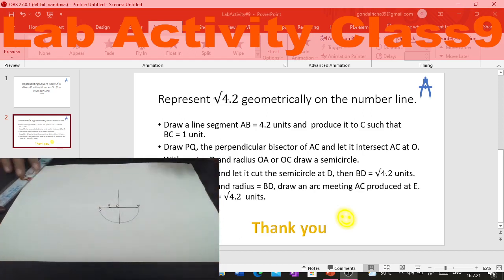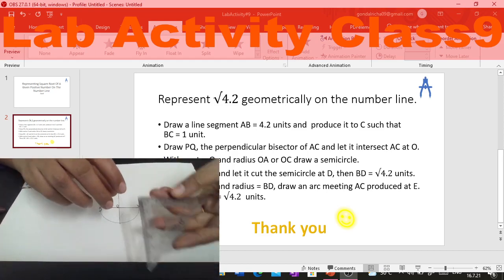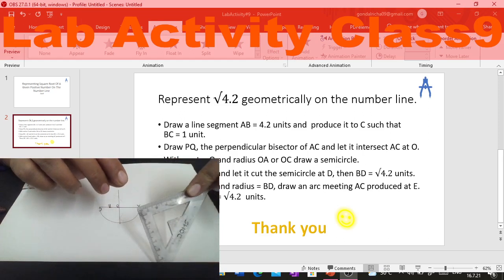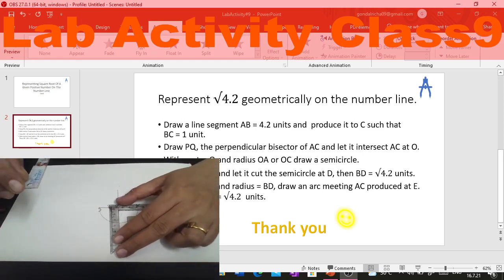Now at point B I will draw a perpendicular BX. For drawing a perpendicular I am using this set square. So like this I will draw a perpendicular here.